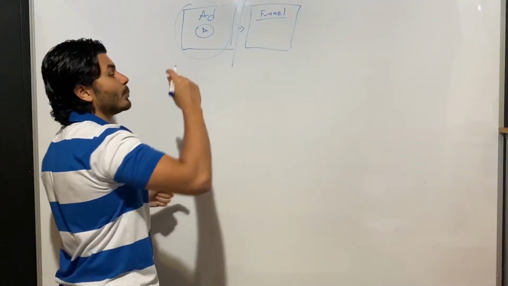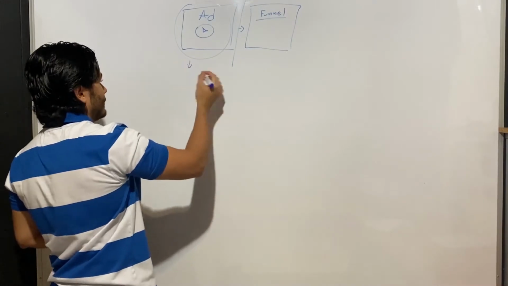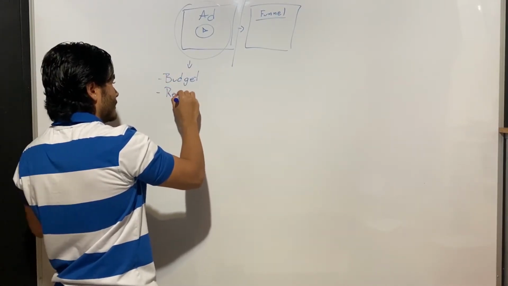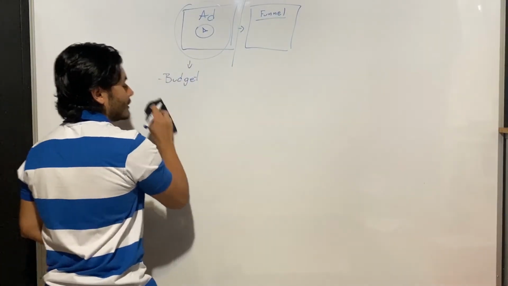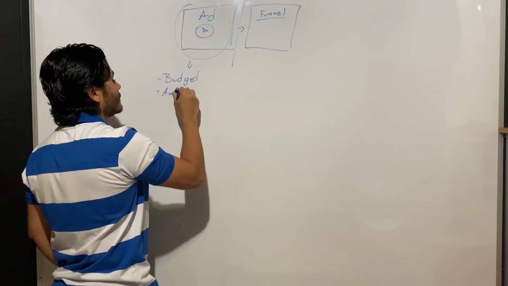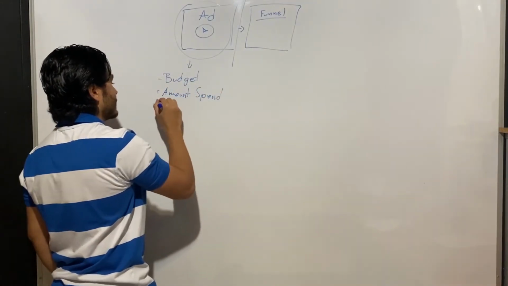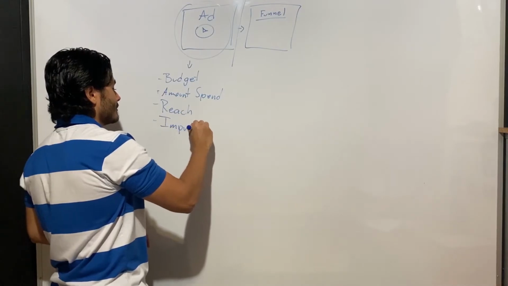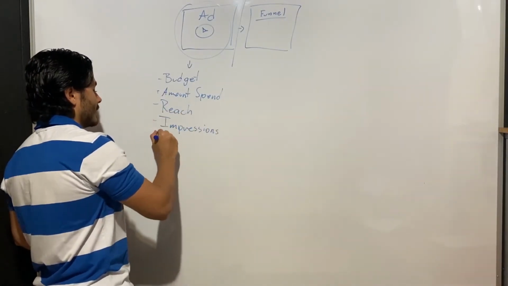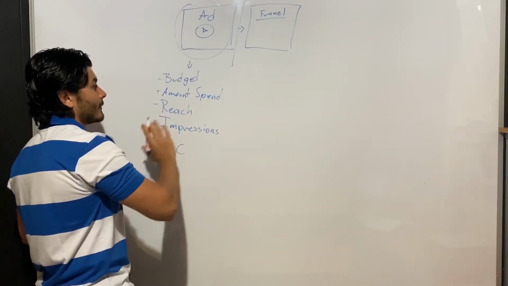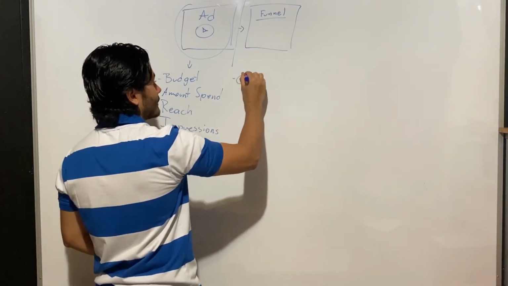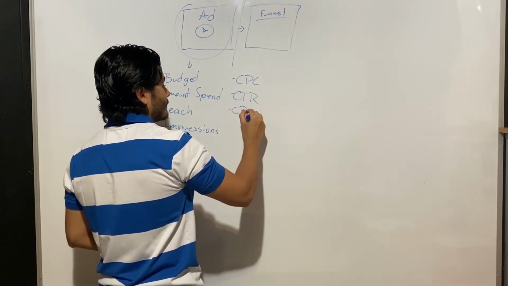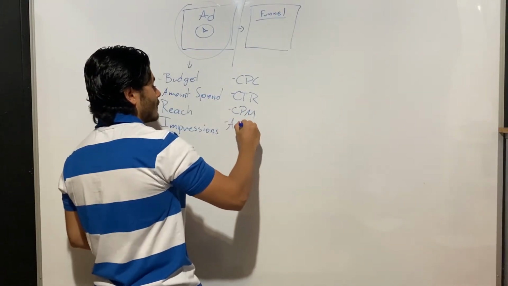The important metrics of the ad are, of course, budget, amount spent, after this the reach, then impressions, after this the unique link clicks, from here the cost per click, CTR, CPM, and this is very important, average watch time.